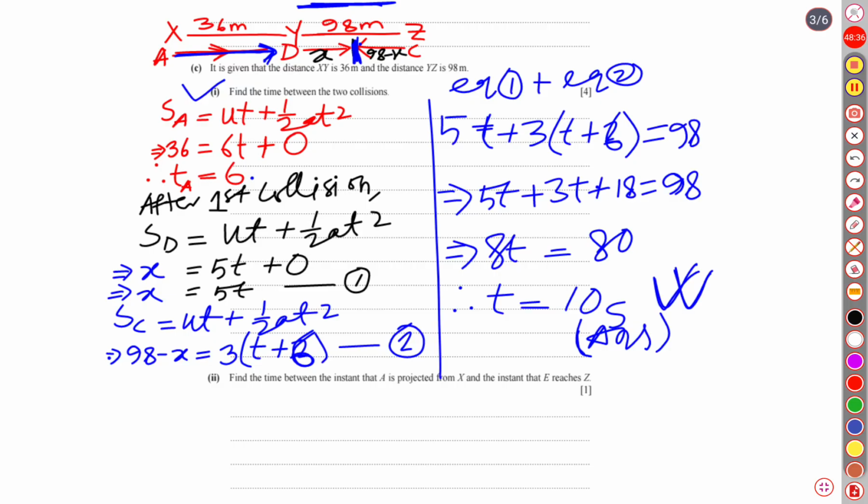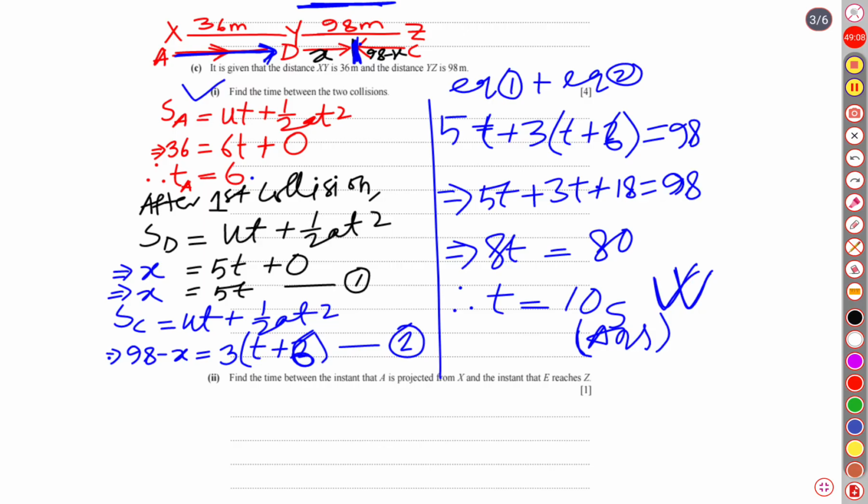So simply we have found the time was 10 seconds after the first collision, which is what they told us to find.